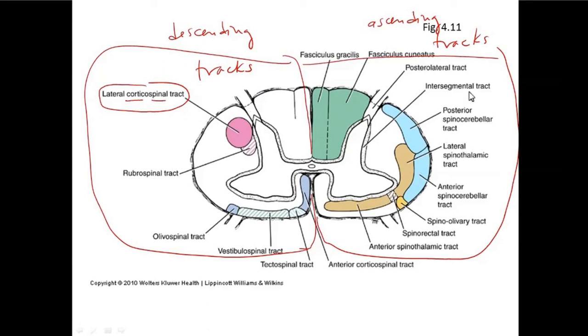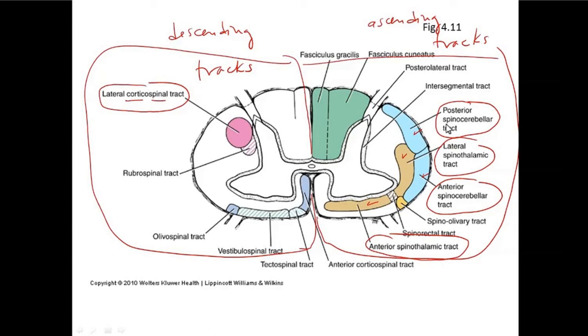Here, I want you to focus on the major ones, like the posterior spinocerebellar, lateral spinothalamic, which is this one here, this one here. You have your anterior spinocerebellar tract, and you also have your anterior spinothalamic tract. So these major ones, what I want you to be able to identify.